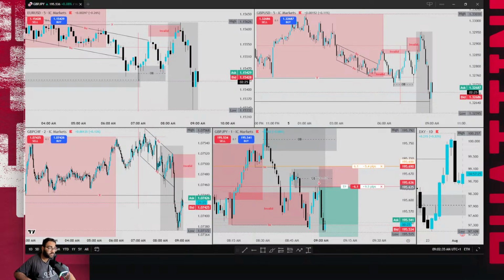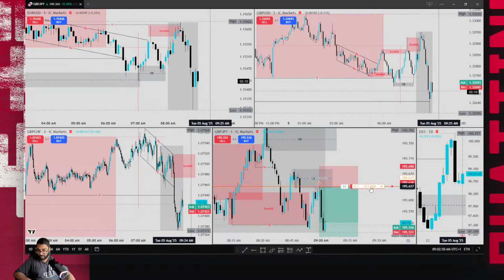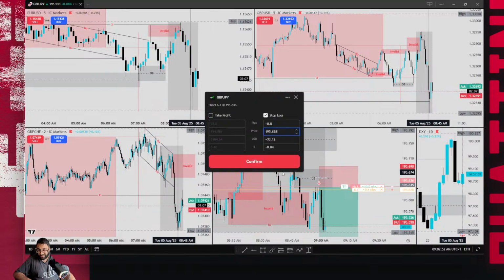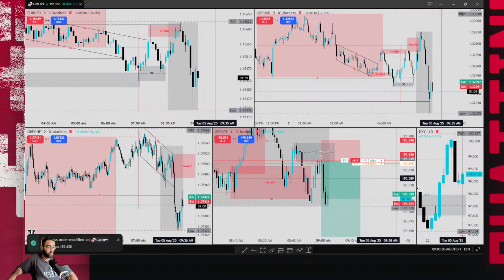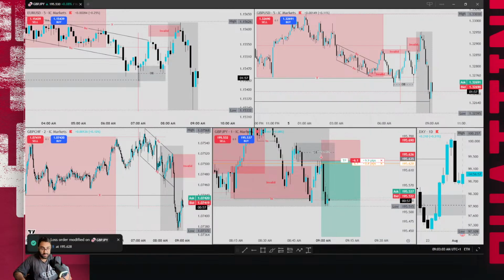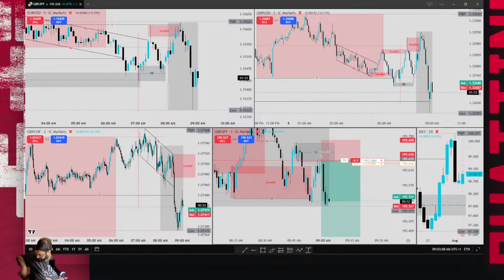There. Yeah, there we go. Perfect. Now on here, we're gonna go break even. Just a bit of room there. Boom, we're break even on that trade. Now let's see how price moves.